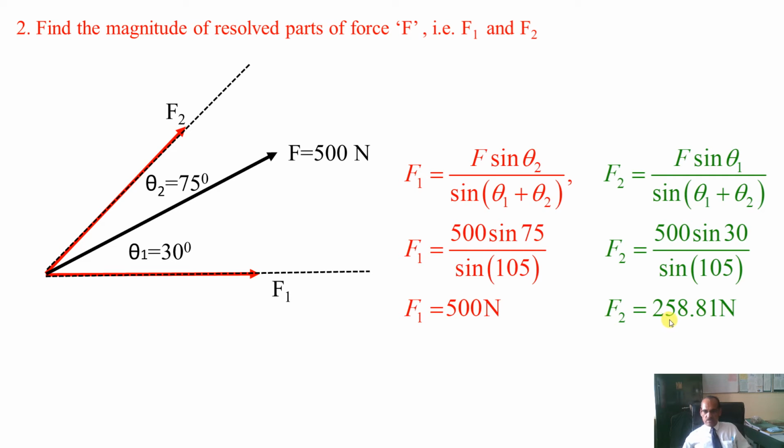So F2 you will get as 258.81 Newton, and hence we got the components of this 500 Newton along line OA, that is 500, and along the other line, that is F2, 258.81 Newton. Is it okay?